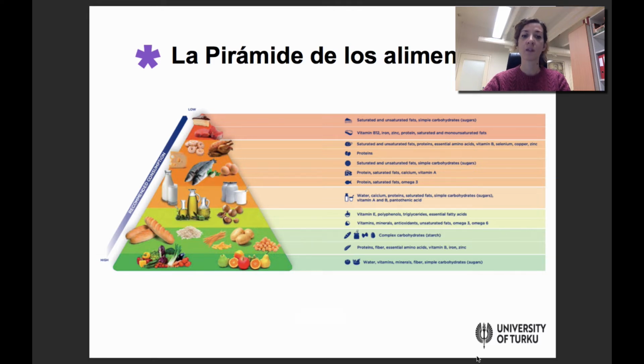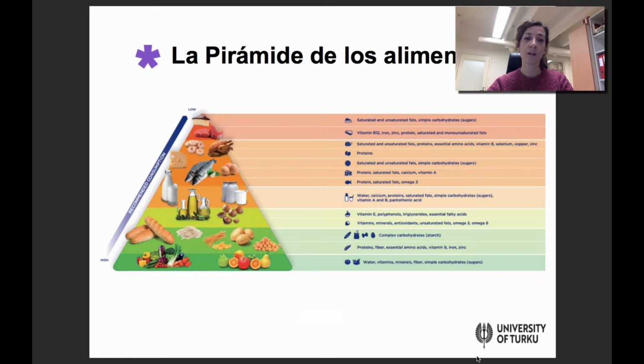There are fruits and vegetables, and then also a lot of grains and potatoes and some legumes. And then as we go up, we have some fats, and then some milk and dairy products. When we start reaching the top, we find cheese and eggs and fish.